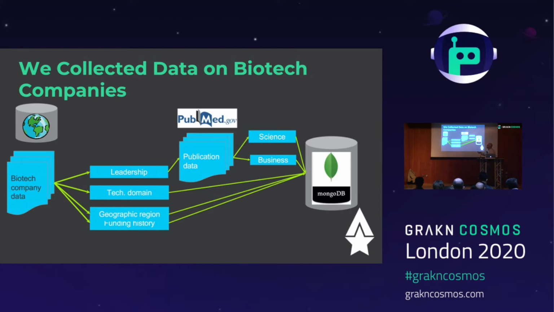So we've got biotech company data here, leadership, tech domain, geographic region. So sort of summarized in the other slide. And then PubMed data was folded in to split these guys between the leadership, between science and business staff. We put all of that in a NoSQL database, and then did some machine learning on that. And so this is the basic architecture of this analysis.